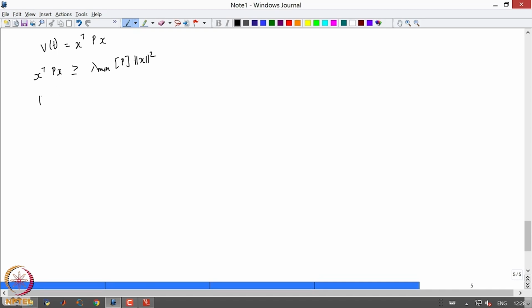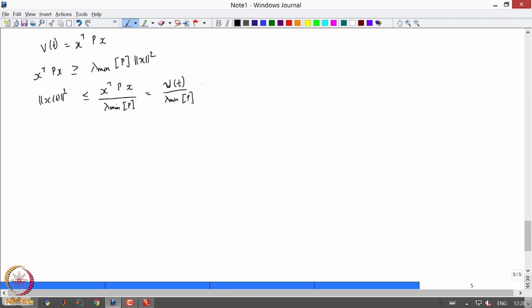First I can conclude that norm x of t squared is less than or equal to x transpose P x over lambda min of P. What is x transpose P x? It is the function which I defined earlier, V of t.